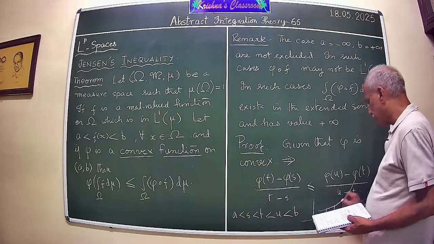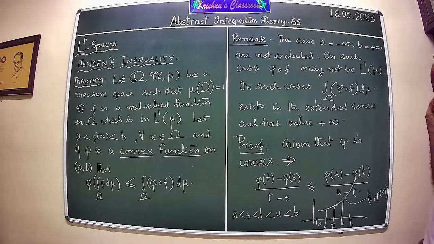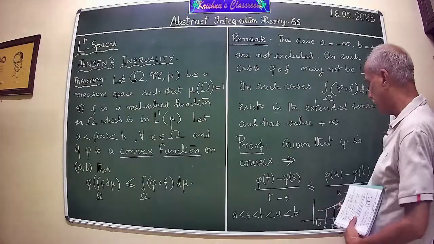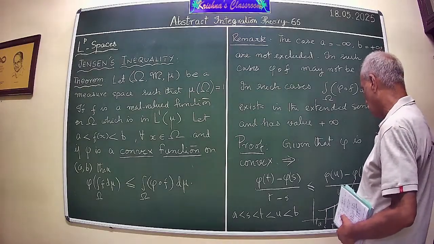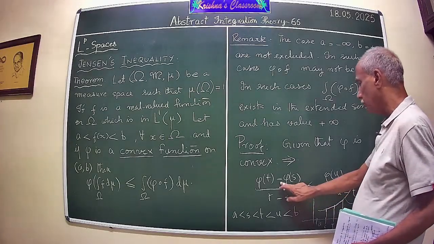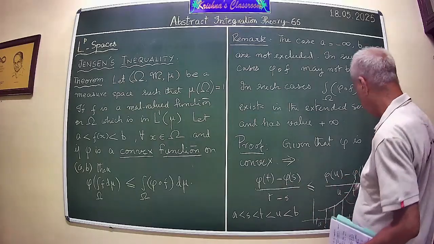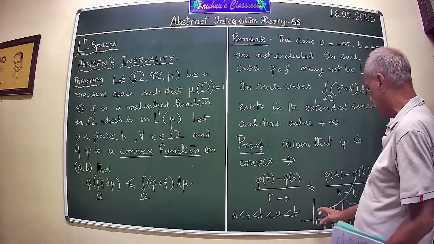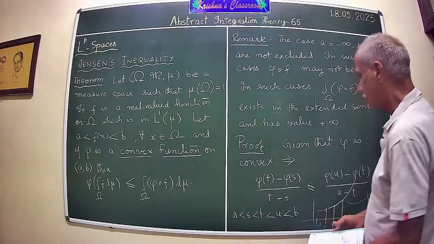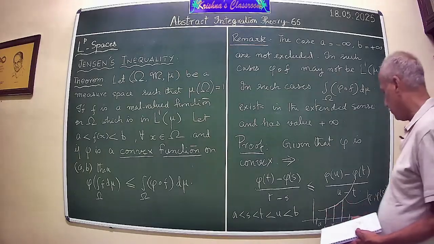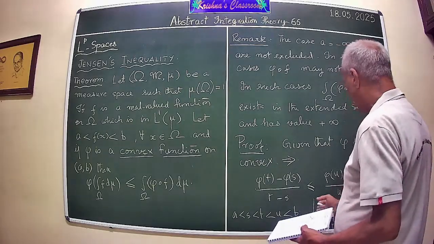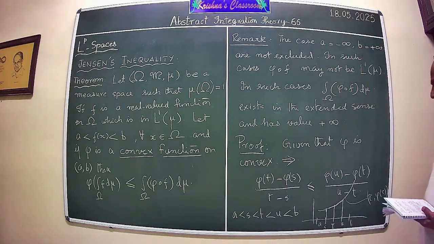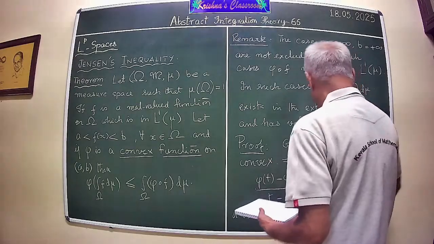So you have two segments here. So it simply says that the slope of this is greater than or equal to the slope of this portion.